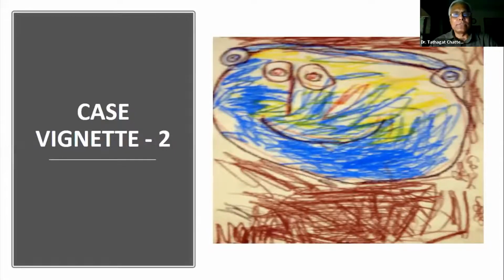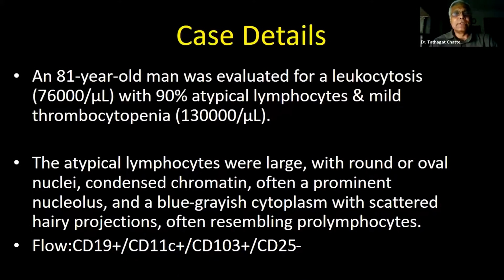Coming to a few short cases, this is an 81-year-old man evaluated for leukocytosis with 90% atypical lymphocytes and mild thrombocytopenia. The atypical lymphocytes were large. They were round or oval nuclei, condensed chromatin, often a prominent nucleolus, blue-gray cytoplasm, scattered hairy projections resembling prolymphocytes.